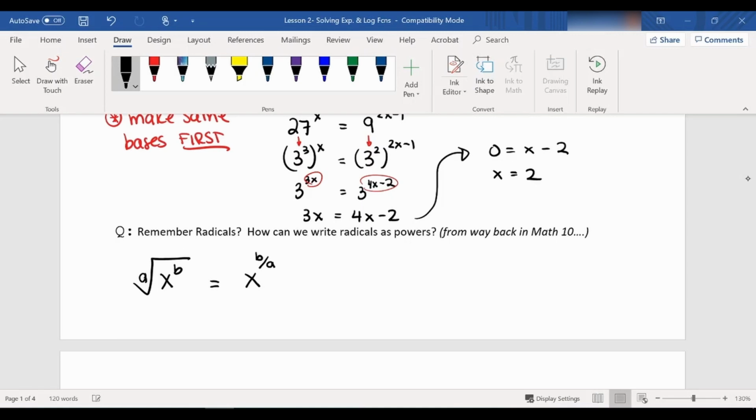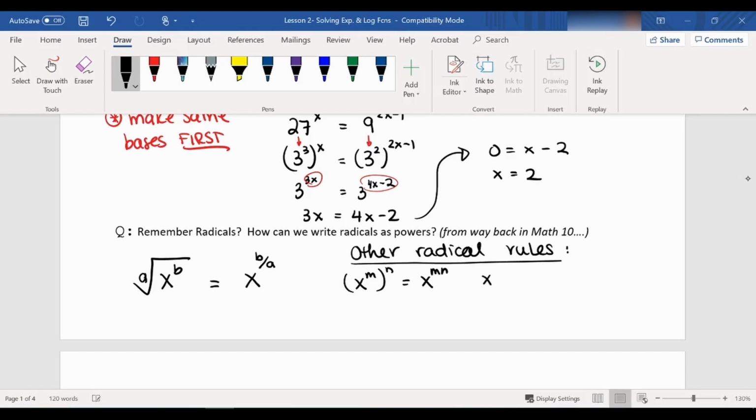We also have some radical rules that if after last day you still haven't quite remembered, we have x to the m to another power n, a power to a power. We multiply the exponents. Okay.